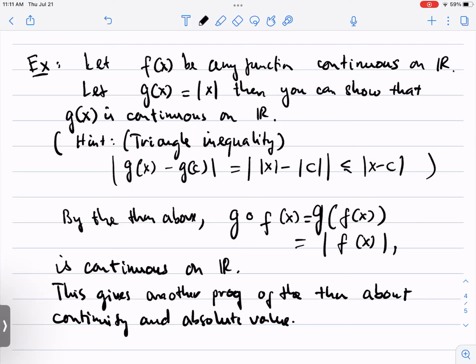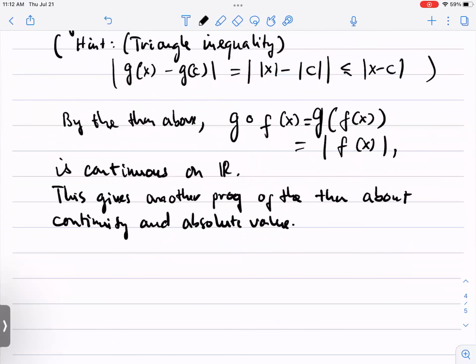So the continuity of this function is very straightforward. It follows from the triangle inequality. By the theorem above, the composition of g and f, the absolute value of the function f(x), is continuous on the set of real numbers. This gives an alternative proof to the theorem we established earlier.